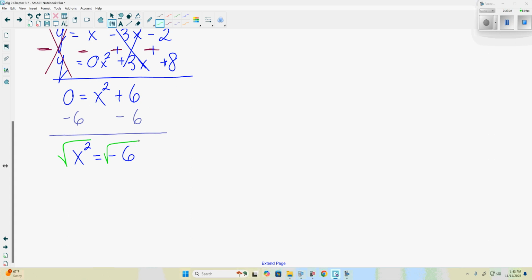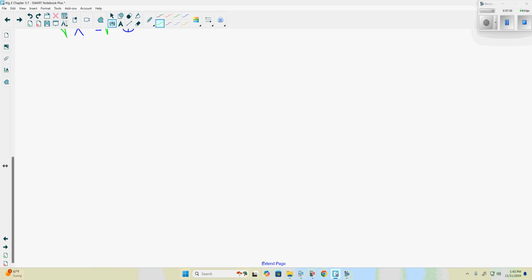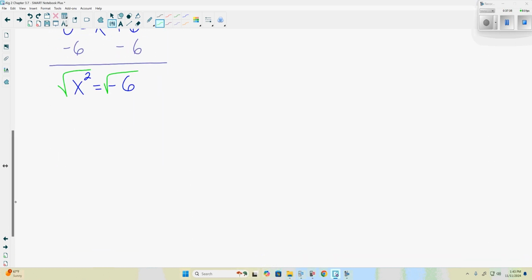Since the x squared term's by itself, we can square root both sides, telling us x is equal to plus or minus. Here, the negative is going to come out of the radical as i, and we cannot take the square root of 6. Yes? So it's telling us that x is equal to plus or minus i square root of 6.